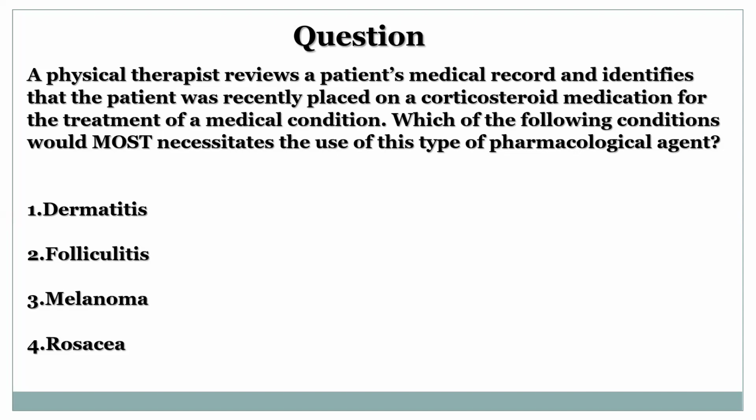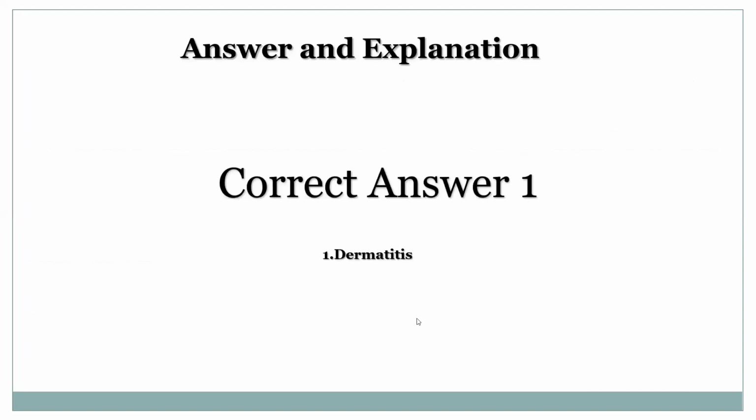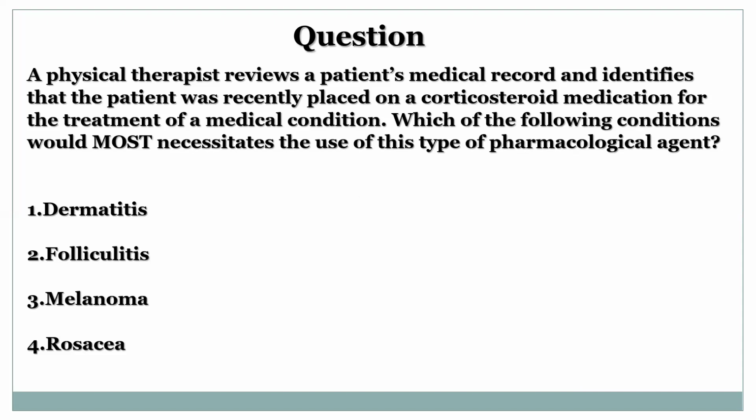Let's go through the answers together. The answer for this question is number 1, dermatitis. So basically, what is dermatitis? Derm means skin. Dermatology is a branch of medicine dealing with skin disorders.